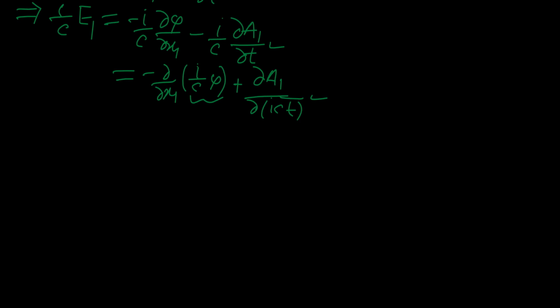So we will write A4 instead of i over c times phi. And ict, what is this? This is in fact the fourth component of the radius vector, and it is denoted by the symbol x4. These facts we have already studied in previous lectures. So we finally get i over c E1.